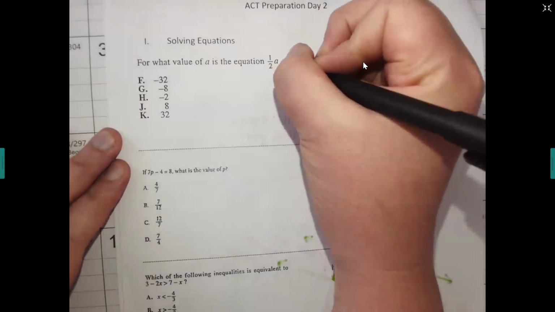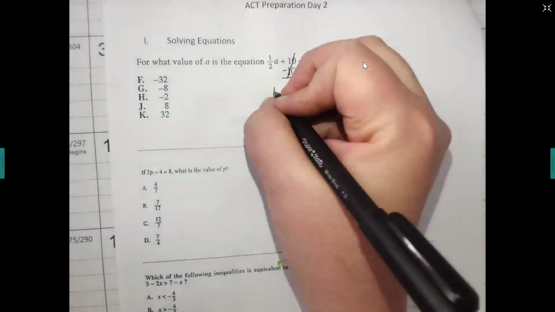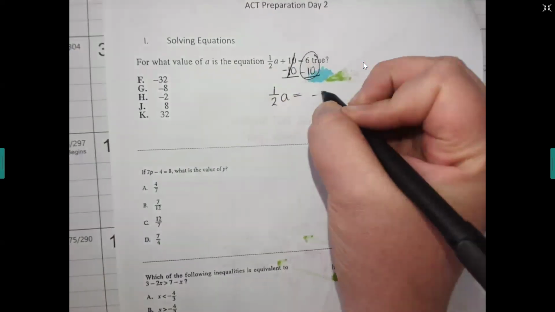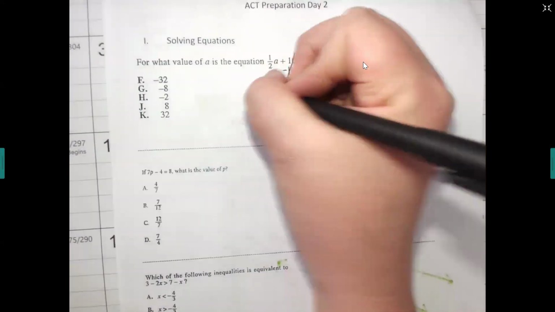Now, you can do the times 2 first, but if you did that, you would have to times the 10 by 2 as well. Versus if you go ahead and subtract it across, then you don't have to. So I'm going to have 1/2 A. 6 take away 10 is -4. And then to get rid of the 1/2, which is a divide by 2, we'll multiply by 2.